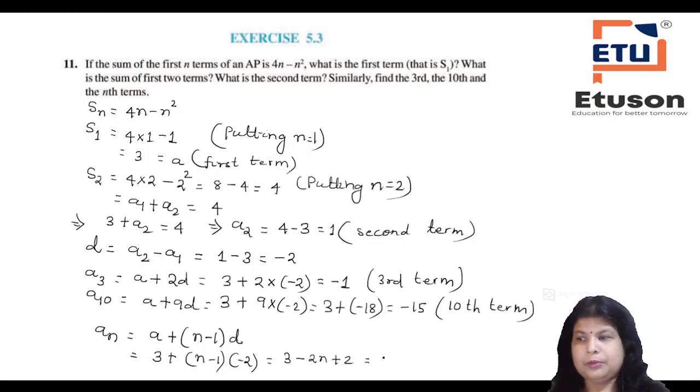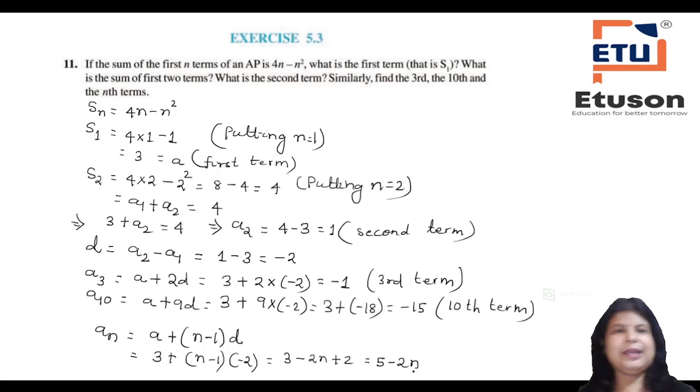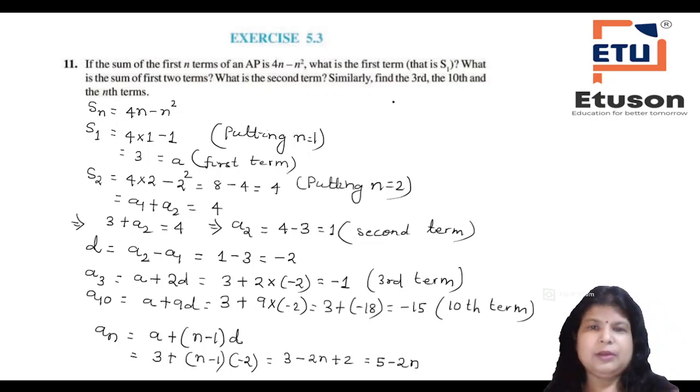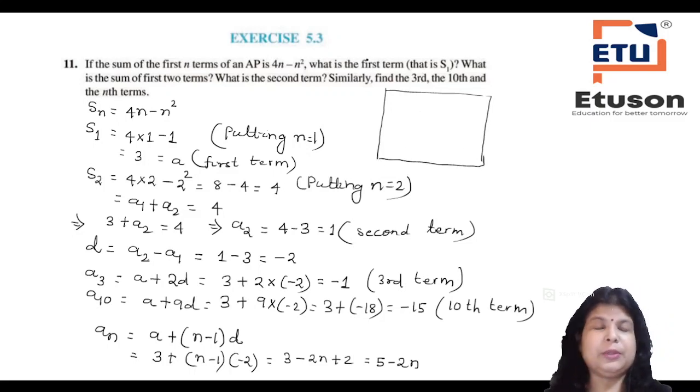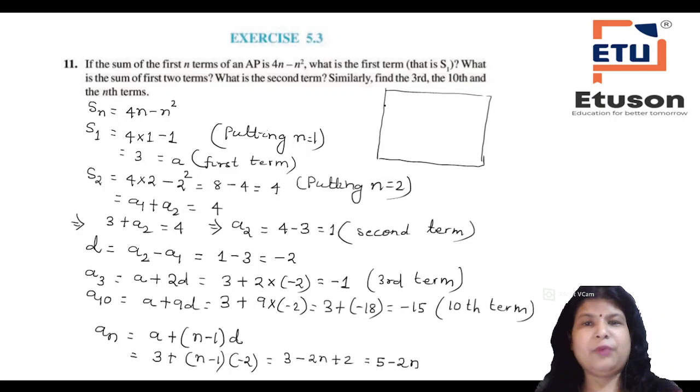So that is equal to 5 minus 2n. Correct? So let me just write down in a box what are the answers you have obtained, because there were so many things to find out.